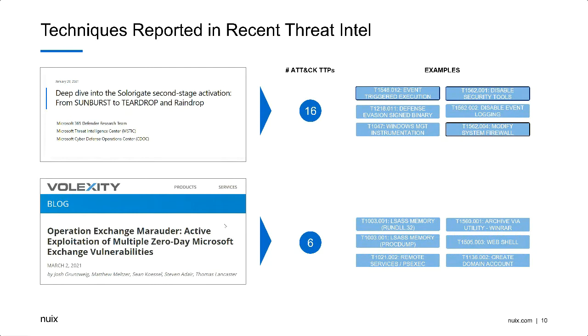They identified 16 TTPs from the MITRE ATT&CK framework that had been observed as part of the attack. And then for Hafnium, Volexity's blog from March 2nd, just the one report, identified another 6 that were observed in the wake of the Exchange compromise. In this next part of the presentation, I'll be going into a bit more detail around how we would do detections of these exact TTPs.